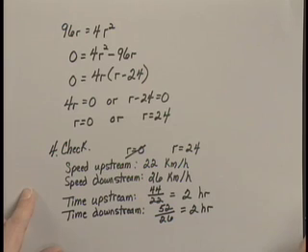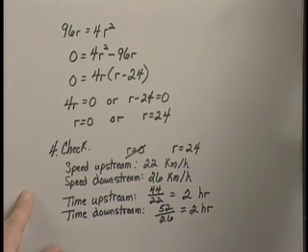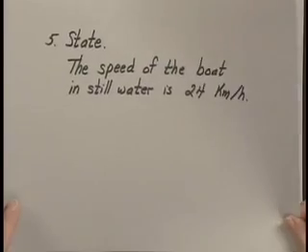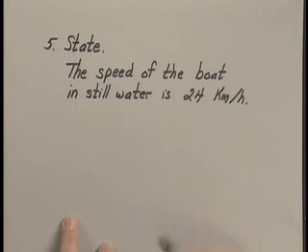The last piece of information we're told in the problem is that the total time was 4 hours. And since 2 plus 2 is 4, we do have a check. And we can state our answer, and that is that the speed of the boat in still water is 24 kilometers per hour.